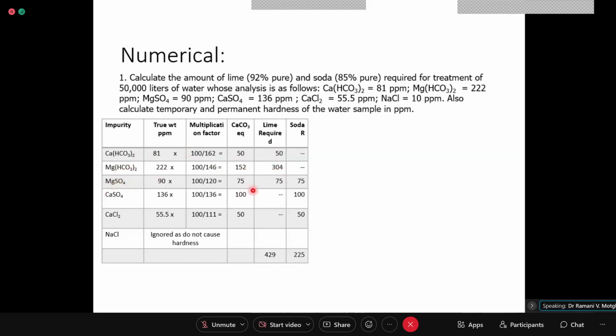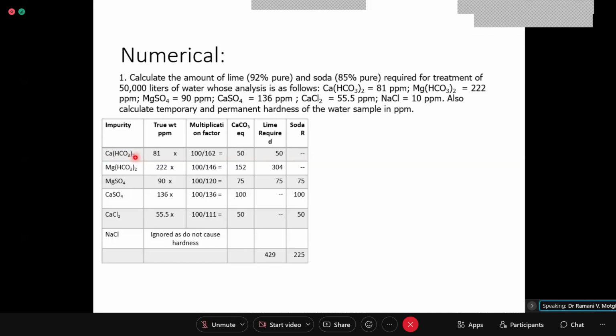For magnesium sulfate, this is magnesium permanent hardness. It requires lime for its removal. Okay, but many times the numerical says that write proper balanced chemical reactions also for these impurities. So in that case, some mark weightage will be given for the reaction.